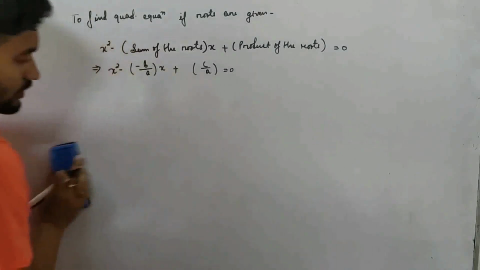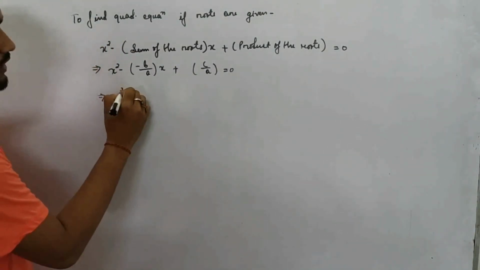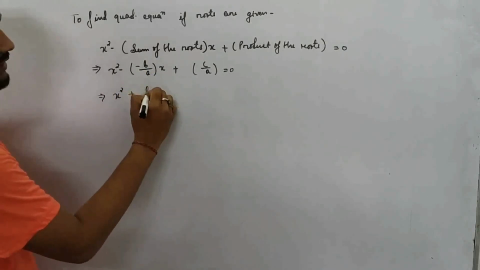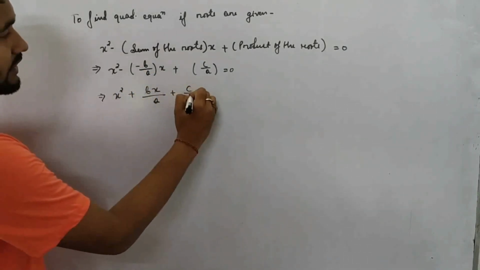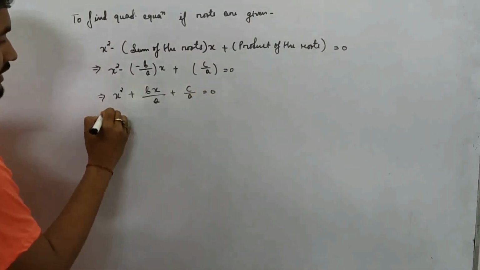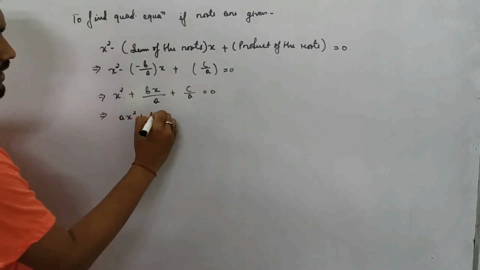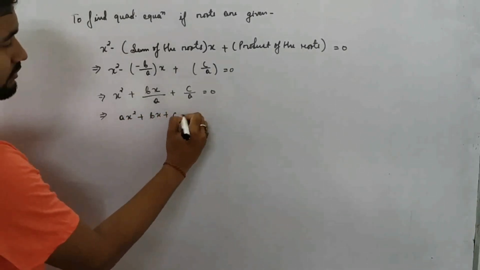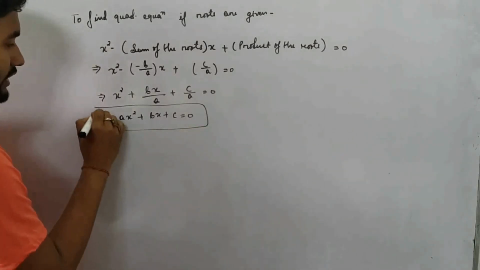So now if we keep on solving this one, which implies x square plus bx by a plus c by a equal to 0. Multiply all by a, you will get ax square plus bx plus c equal to 0, which is our required quadratic equation.